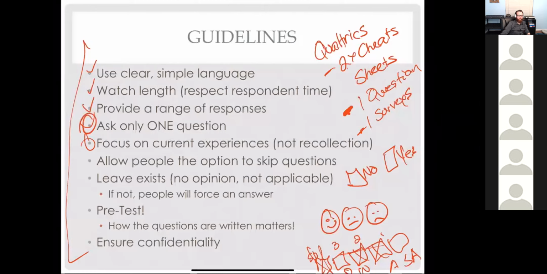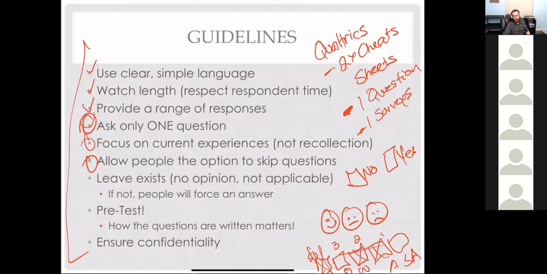Versus, on average, how many times a day do you feel drowsy? If I'm trying to assess somebody for sleep apnea, and I want to find out how many times you feel tired during the day, I don't want to ask you about 3 weeks ago, because you probably don't remember. I might say in the last 24 hours, today, in the last 7 days, maybe. But anything longer than that is probably a big experience where you're not going to remember.